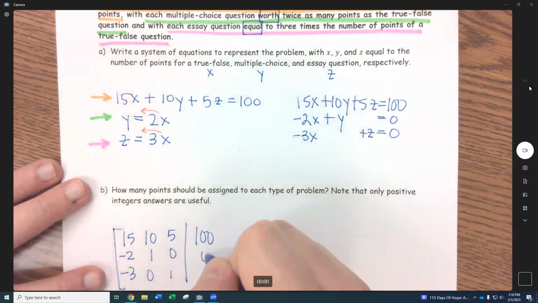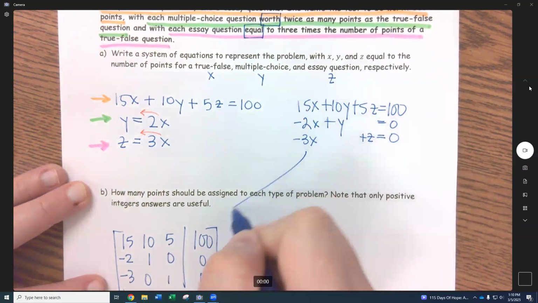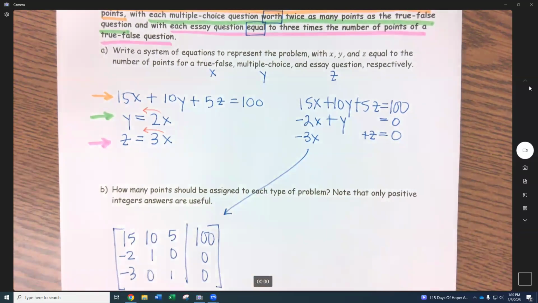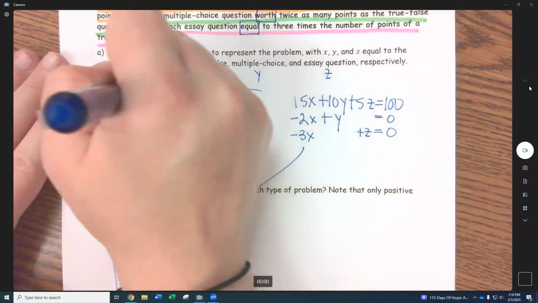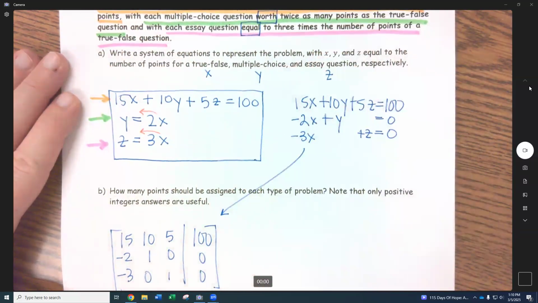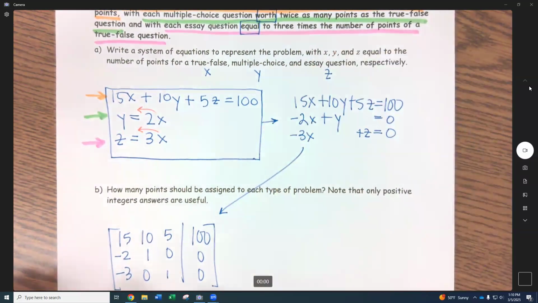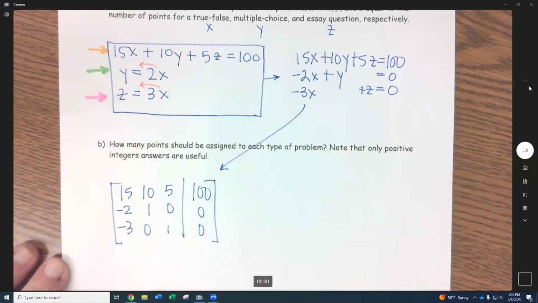That will be 100, 0, and 0. That's where that came from. I'm going to go ahead and box this. I do think this is my answer in MyMathLab for this problem, but then put it into the right form so we can put it into the augmented matrix.